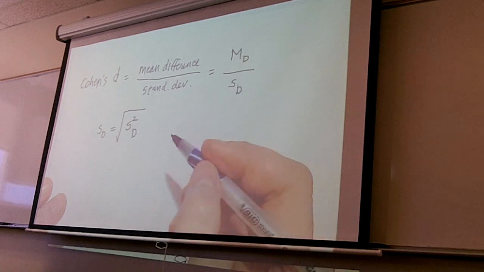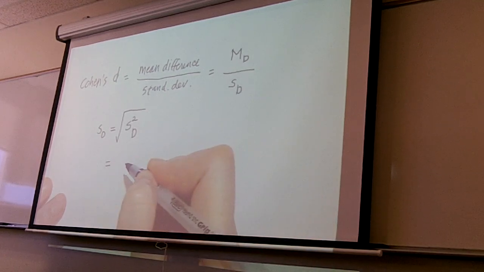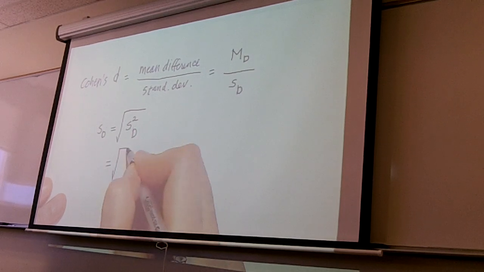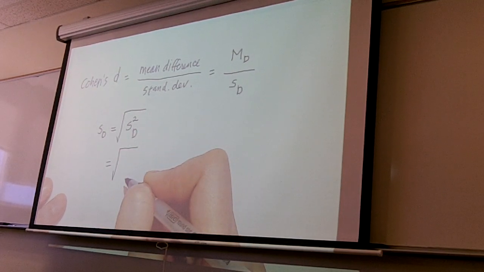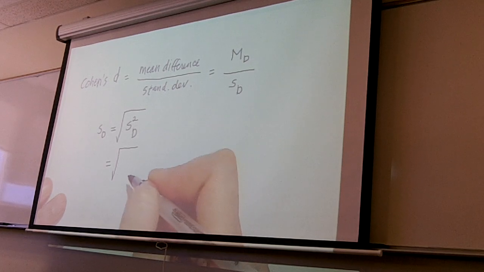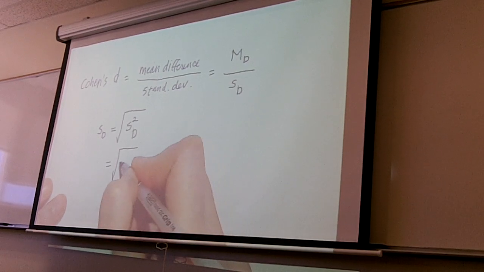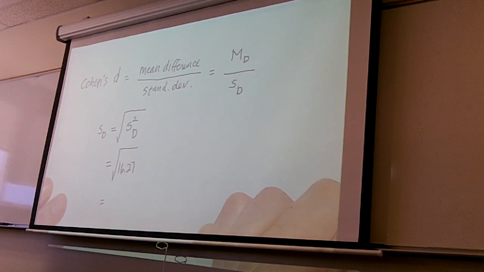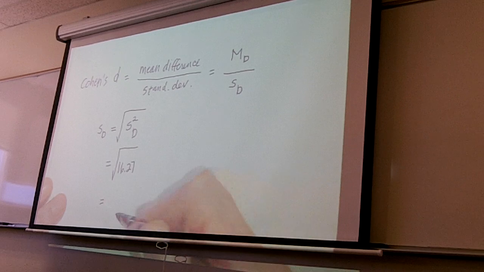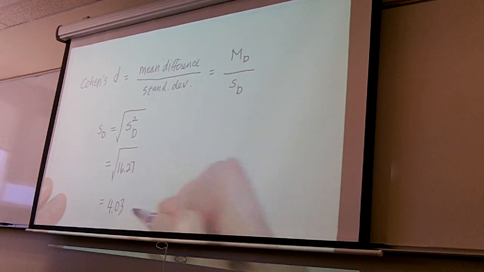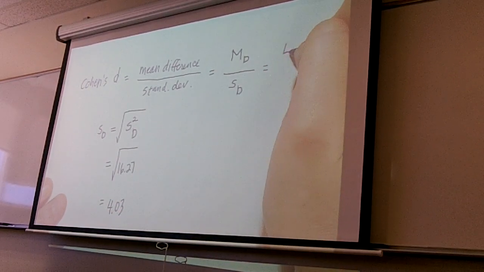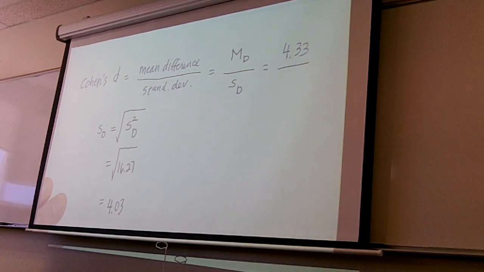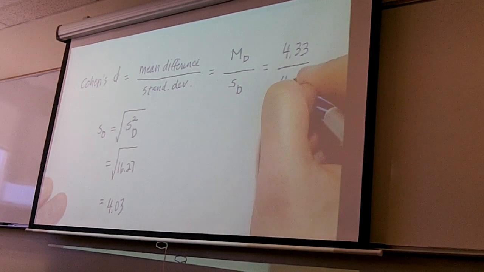So I need to take the square root of the sample variance of the difference scores. What was our sample variance of the difference again? 16.27. And what's the square root of 16.27? 4.03. So my mean difference was 4.33, and my standard deviation of the difference scores is 4.03.